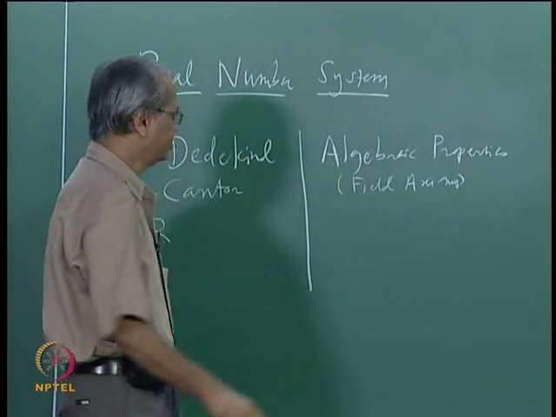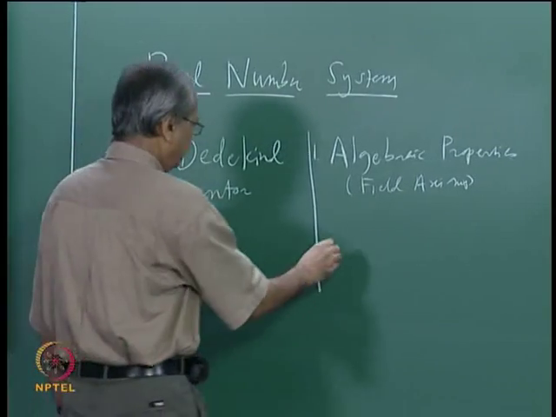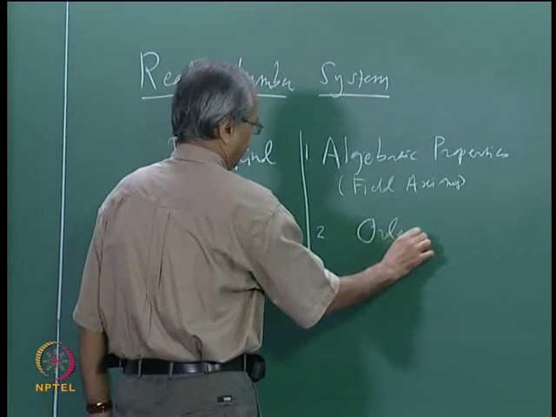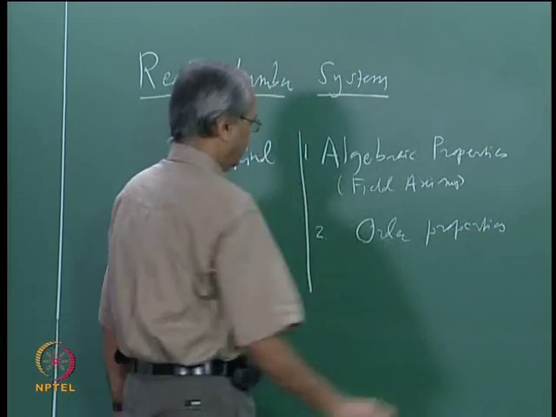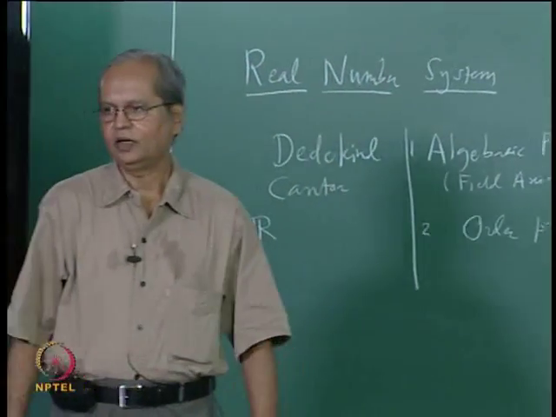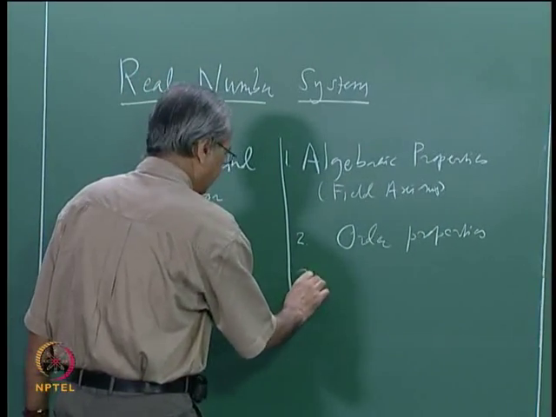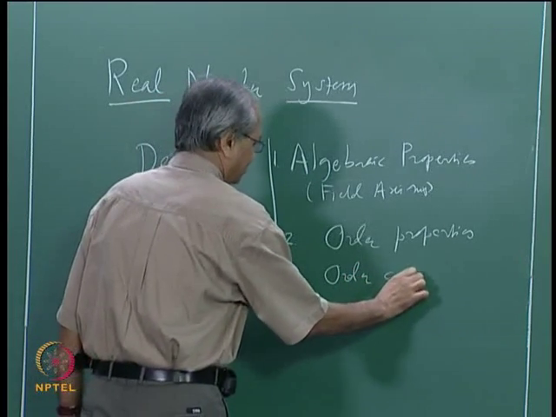This is one group. The second group of properties is what are called order properties, and the third group, which in fact contains only one property, is known as the order completeness property, or sometimes simply called the completeness property.